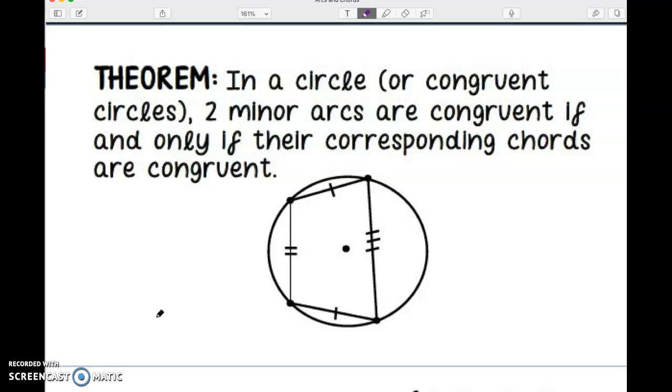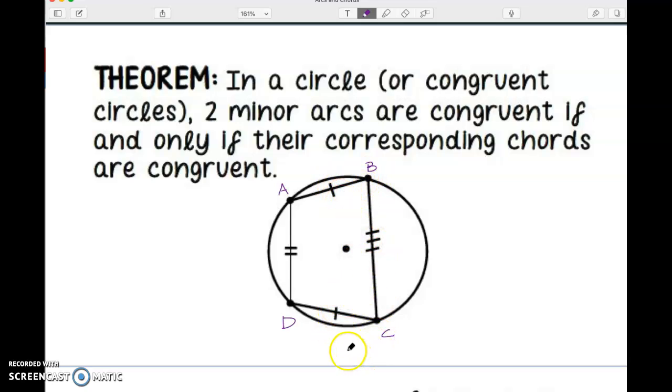And if you notice the words "if and only if," that means we can also use this relationship in reverse. If we know that corresponding chords are congruent, we can say that the arcs created by those chords are also congruent. So in the diagram we have here, if we were to label these chords A, B, C, and D, they tell us that AB is congruent to CD, and that's by the number of tick marks.